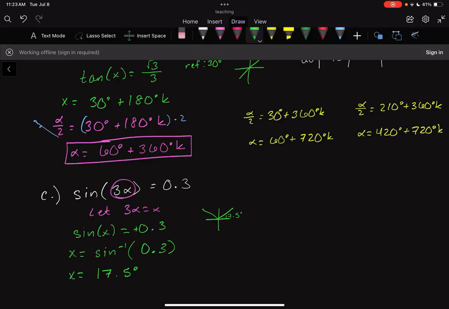To get the quadrant 2 answer, I would need to do 180 minus that. So 180 minus 17.5 is 162.5. And again, I picked 1 and 2 because it was a positive 0.3, so I knew it had to be where sine is positive. Don't forget to add your 360K to these.